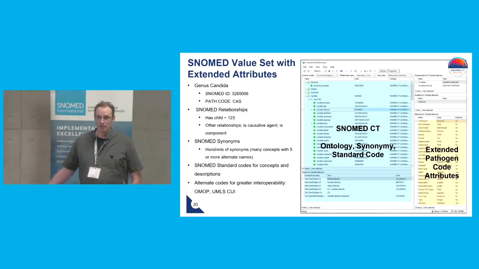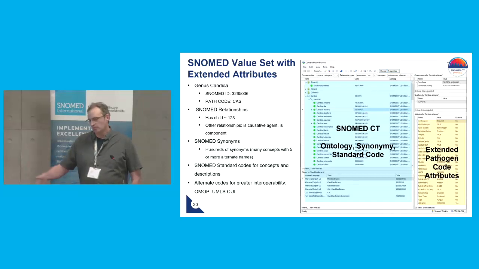Rather than being a standalone code system, it became a SNOMED value set. And the immediate advantage was standard identifiers, a bunch of extra synonymy, and ontology that wasn't present in the code system before. It was just a flat list of terms. SNOMED is essentially managing all that for this content set, and additional attribute information specific to the pathogen code sets is appended onto the SNOMED concepts.